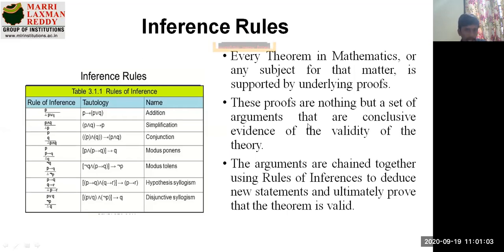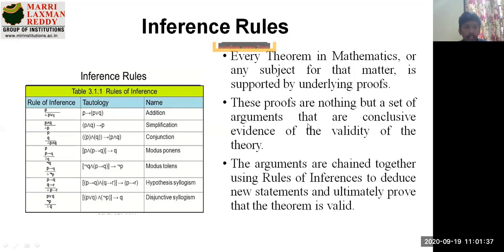If I talk about addition, P is a premise, and the conclusion can be therefore P or Q. For example, if I say he is a good boy, that is P, there can be the possibility that he is a bad boy. That's why the conclusion can be P or Q.